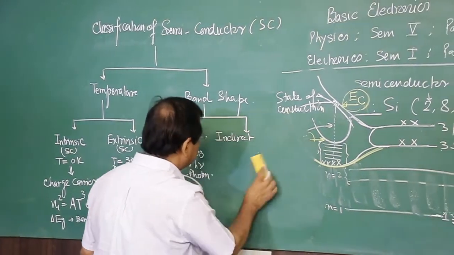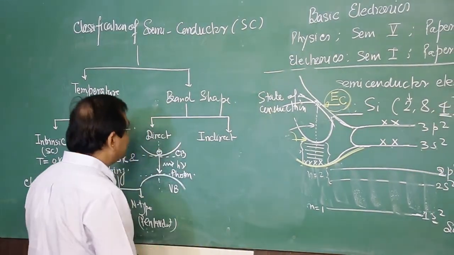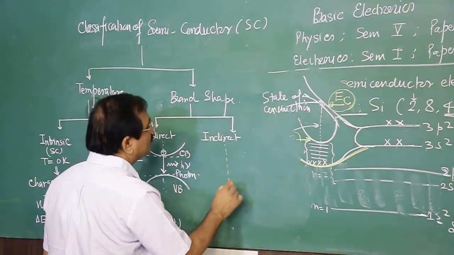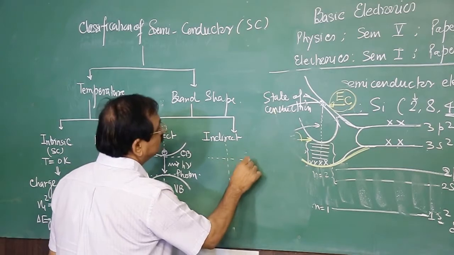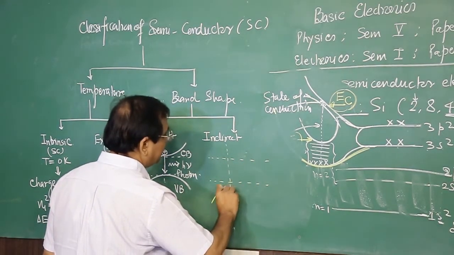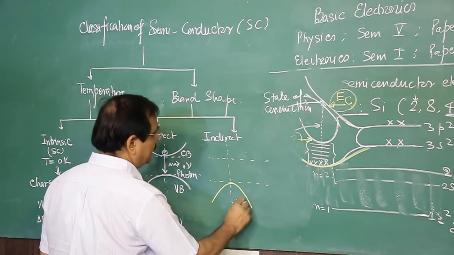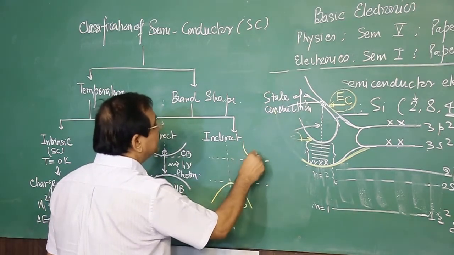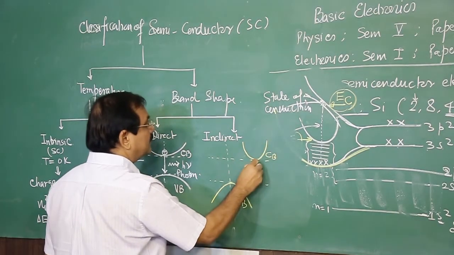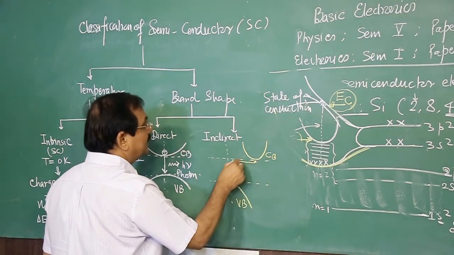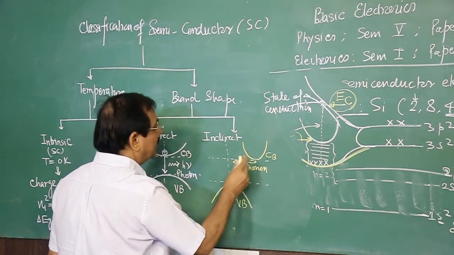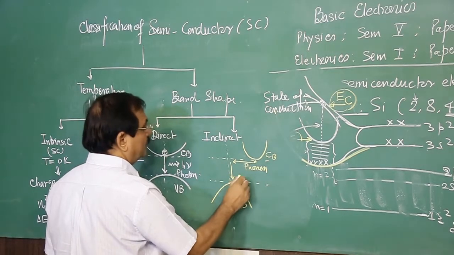The other one is indirect. In case of indirect, you see this one is the valence band and here it is the conduction band CB. So, in this process, first it comes to here, that is called the phonon, and then there is a photon.